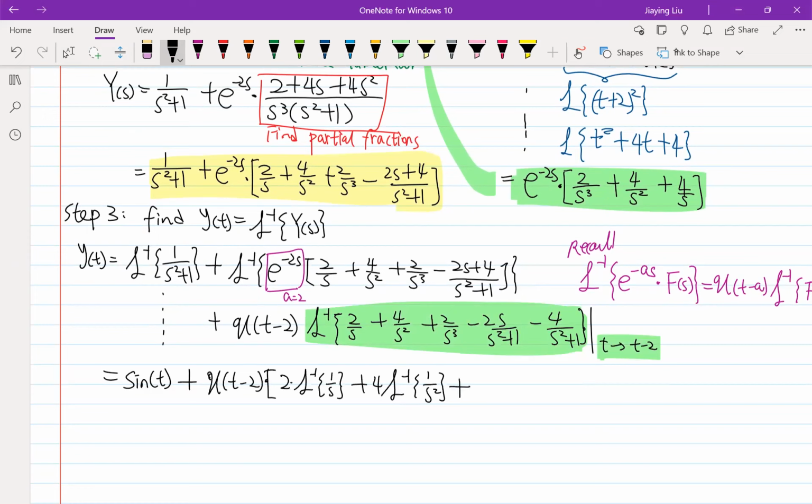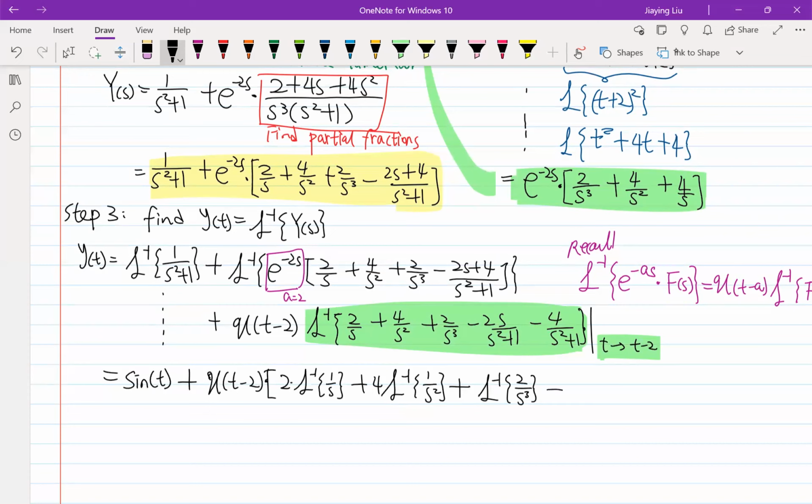This one I'm taking a shortcut here, so I'm not going to pull out the 2, because I remember from previous steps, the Laplace transform of t squared gives me 2 over s cubed, so I'm going to leave it. So that's going to be the inverse Laplace of 2 over s cubed. That will give me t squared directly.